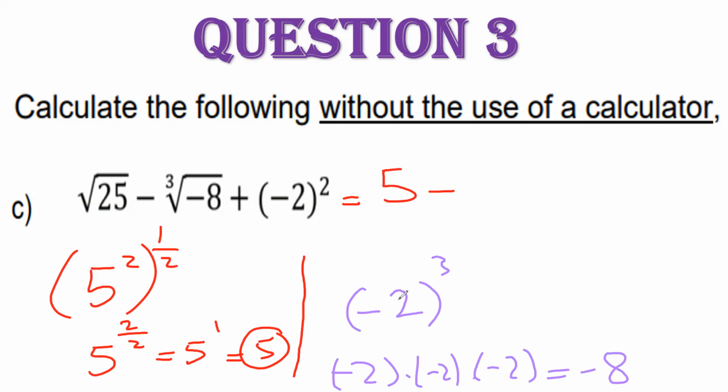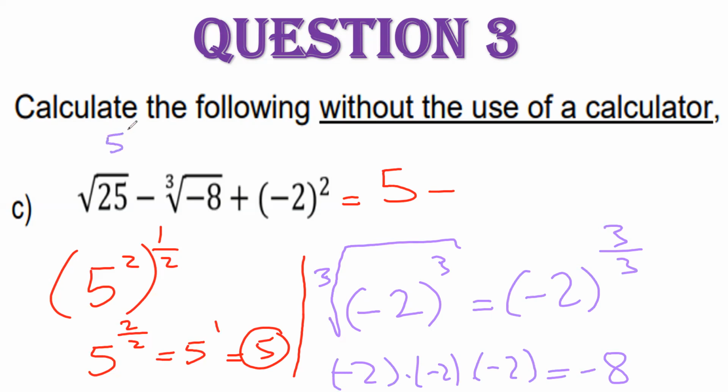So you can write negative 8 as negative 2 to the power of 3, and the cube root is power of 1 over 3. So this one is divided by this number. On this side, 5 squared over, if there is no number, we know we have 2, right? So 2 over 2 is 1, 5 to the power of 1, and then you get 5.